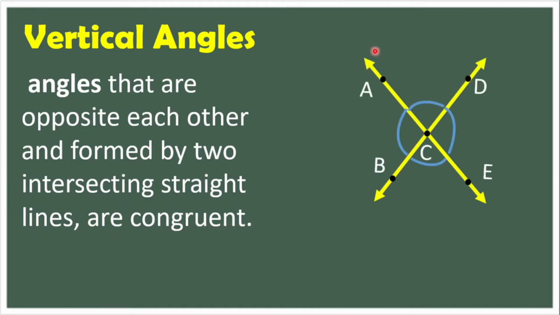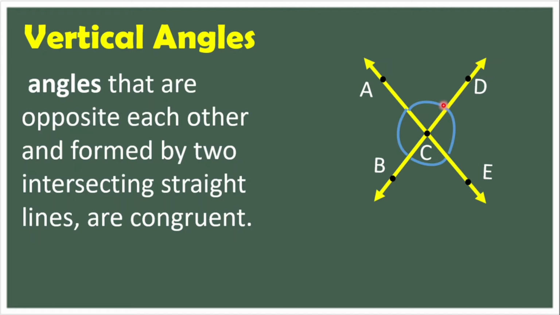So in this example, yung line ACE and line BCD ay intersecting lines and intersect at point C. So yung angle ACD and angle BCE ay opposite angles, and also angle ACB and angle DCE also opposite angles.